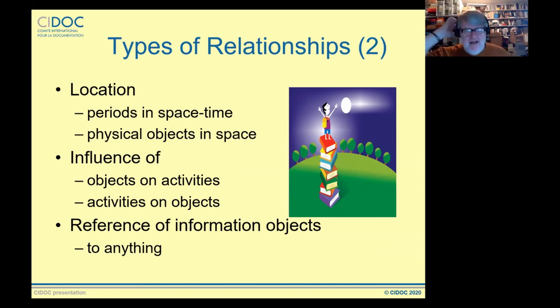We want to talk about influence. So we want to talk about the influence of objects on activities. So I made this wedding dress for my wedding, or I made this ring for my wedding vows. And we want the other way around. We want activities having impact on objects.